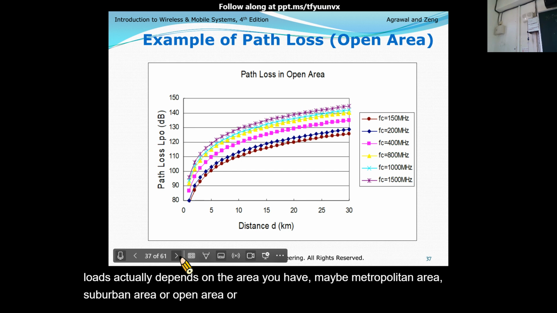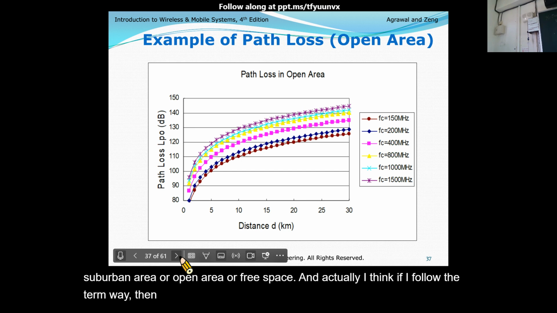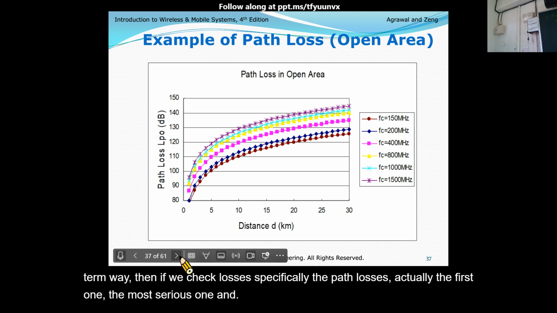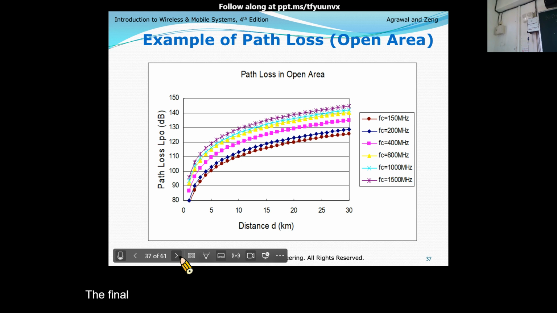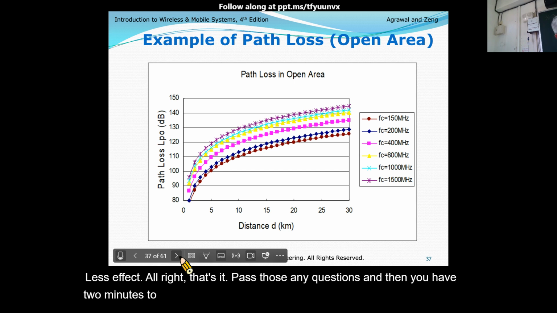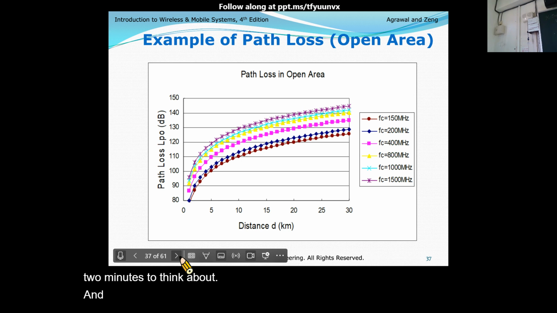And if we check path losses, the first one is the most serious one, and the final one you will have less path loss effect. All right, that's it. Path loss, think about this. Any questions? And then you have 2 minutes to think about this, and feel free to discuss with your neighbors.